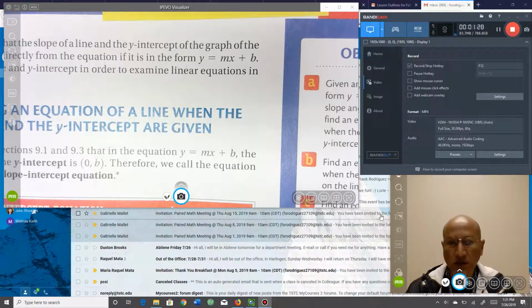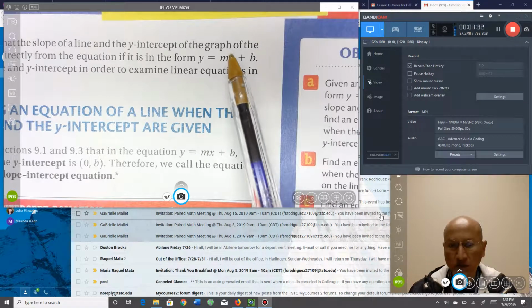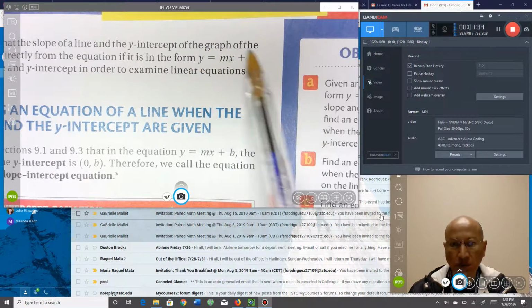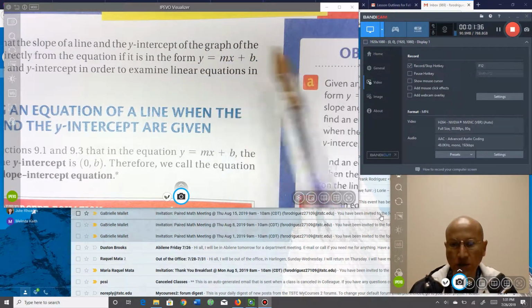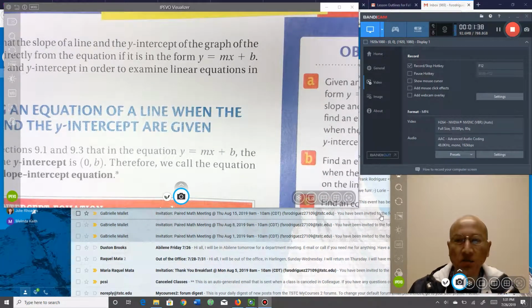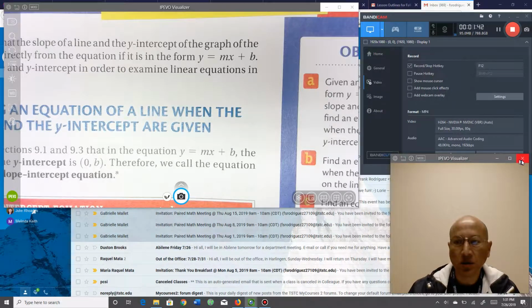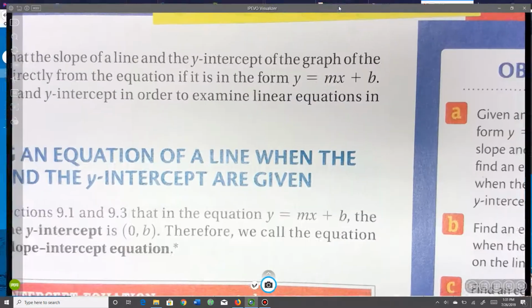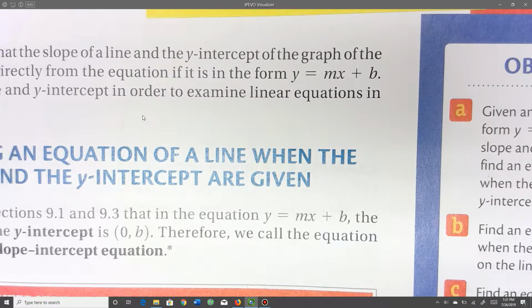And the easiest way to do that is to remember this equation, okay? And let me expand here really quick. We close that and expand that, and that should be good.